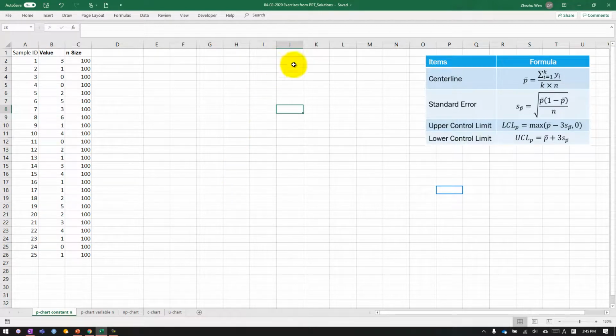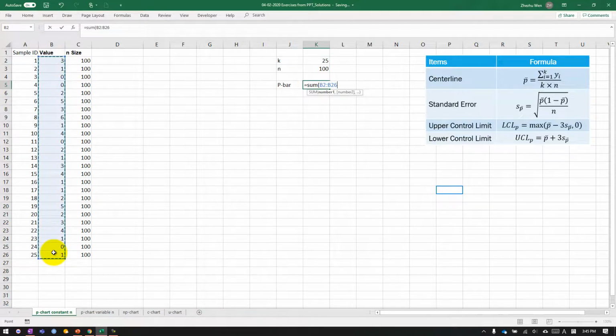Okay, so always I think it is important for you to write down all the key parameters before you continue. So here K, we have 25, right? For N, we have 100 because sample size is 100, right? And P bar is going to be the sum of all the defects, right?